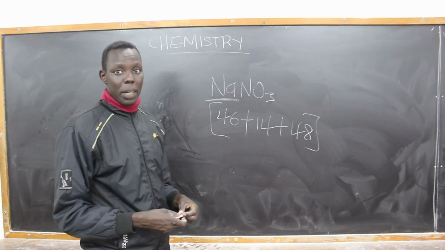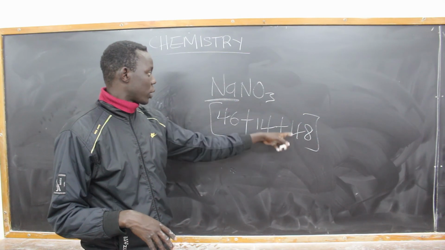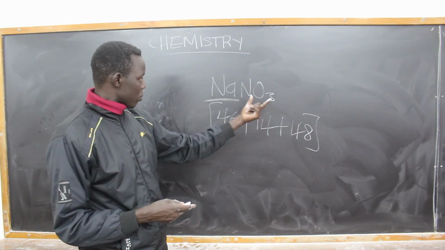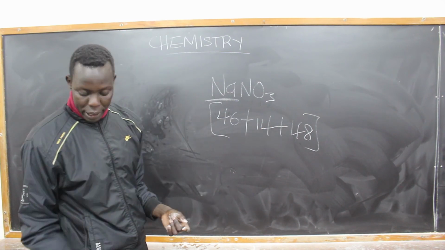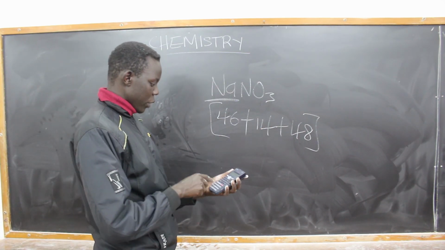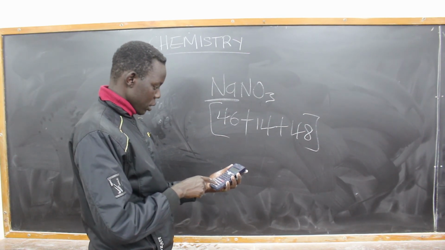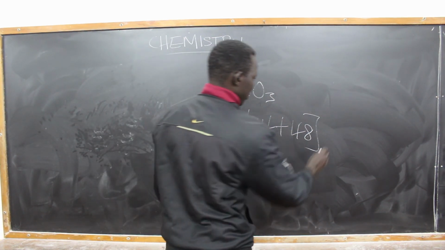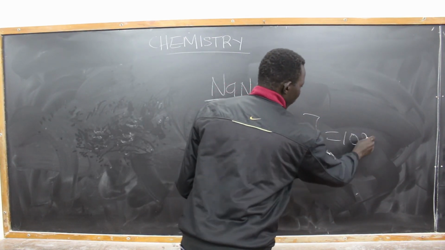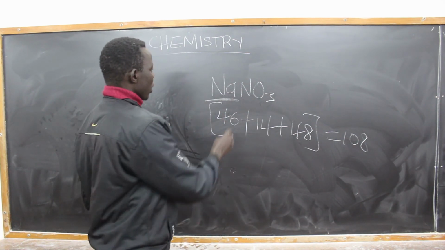I'm saying so because I can imagine some of you, if you were seated somewhere, would be raising your hands to ask why 48. It's 48 because oxygens are 3 and each is 16. To save time, I would have done it by hand, but let me use the calculator. Then for sodium it is 23.